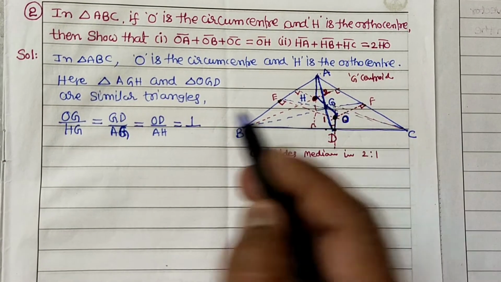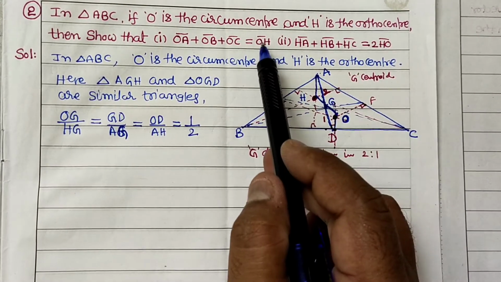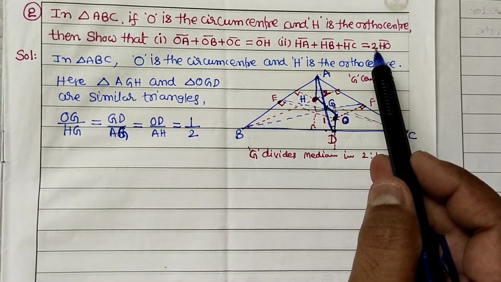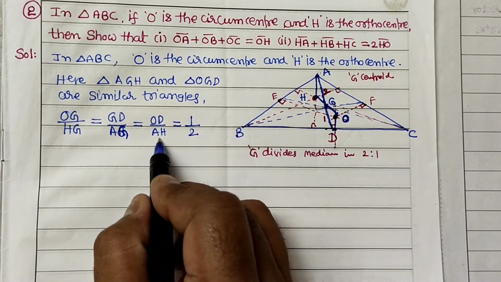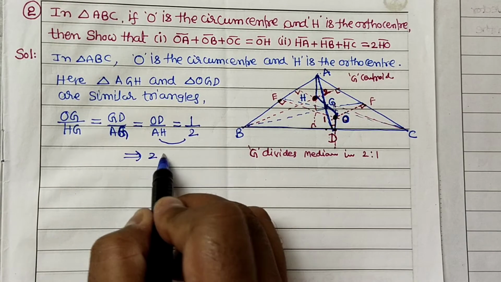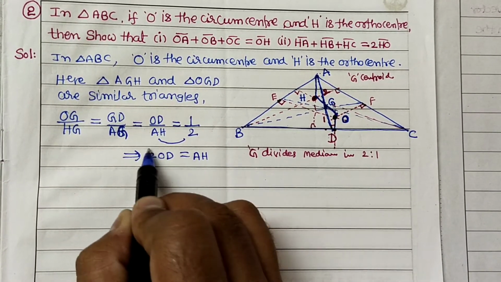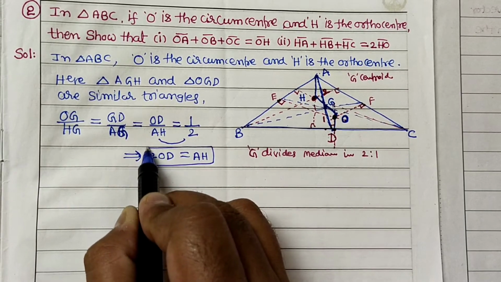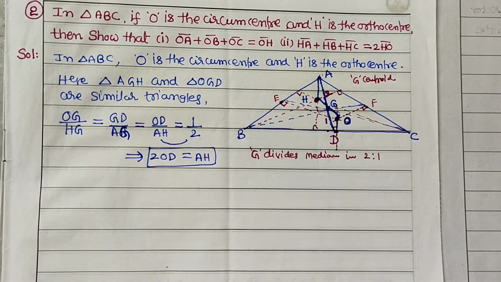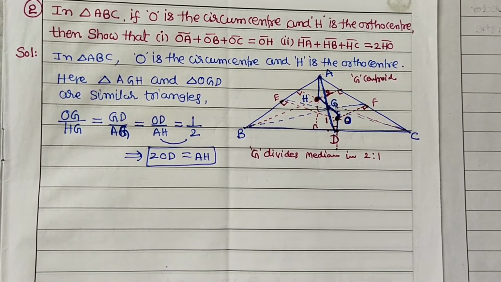AG value is 2. But we want the relation between OH and 2HO. So if we equate these two, it becomes 2OD equal to AH. So put it in a box. This result we will use in the coming steps. So 2OD equal to AH.